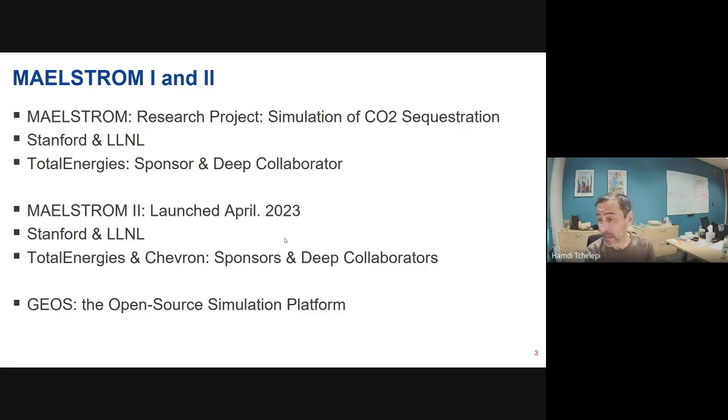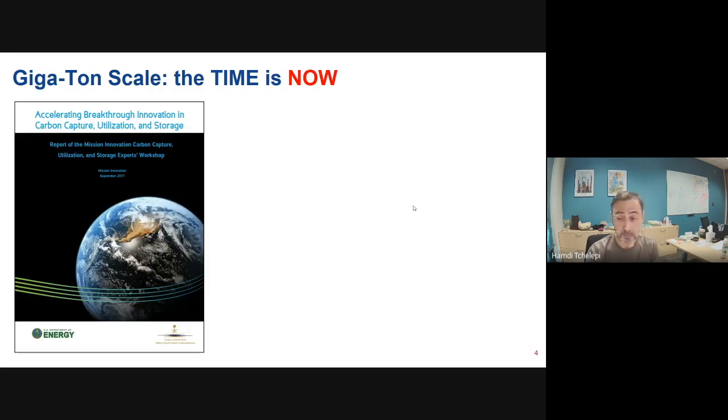GEOS is the simulator, the numerical simulation framework that takes the physics of the governing equations that describe the dynamics of flow and transport in the subsurface and implements them in a scalable framework that allows for very large-scale simulation of these technologies for storage.